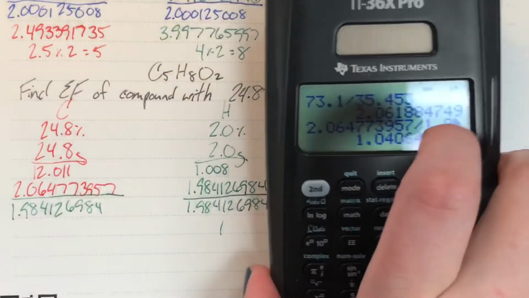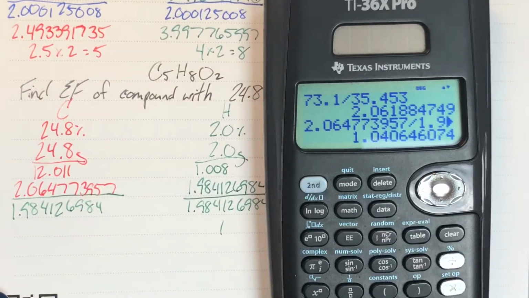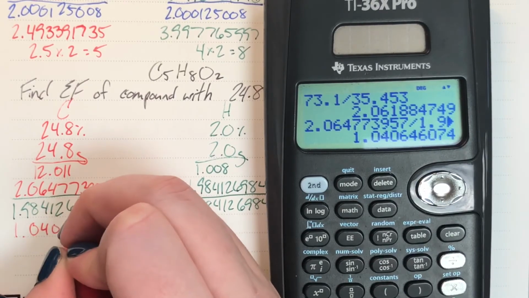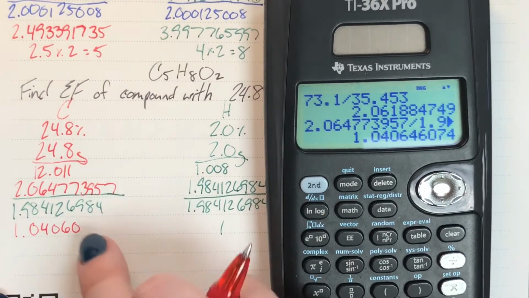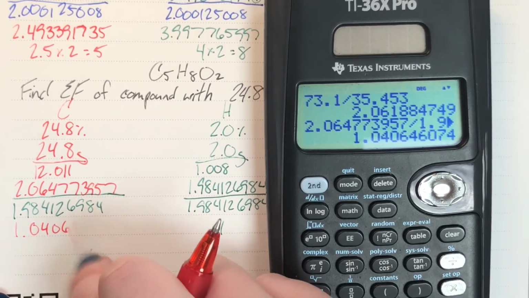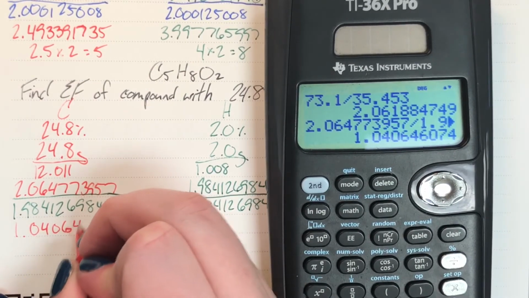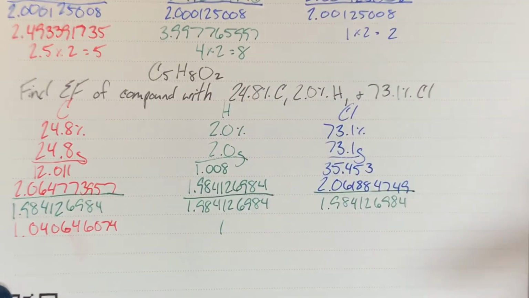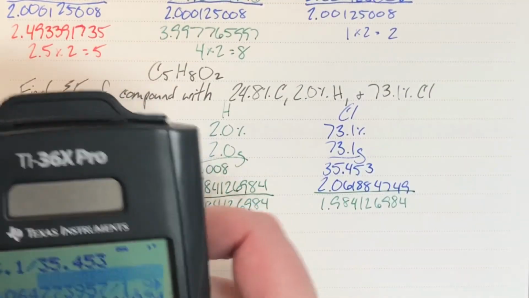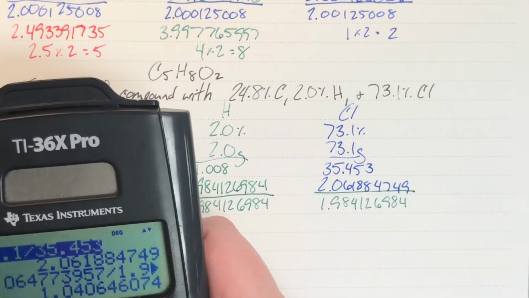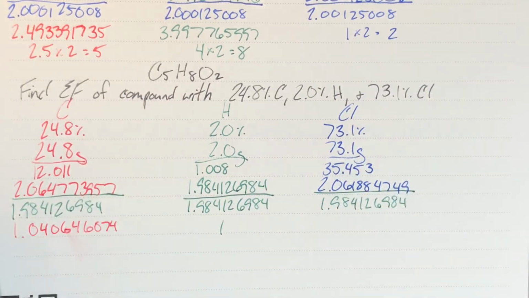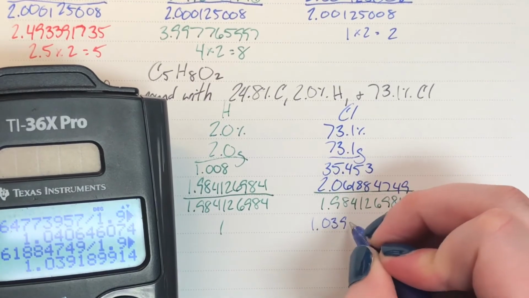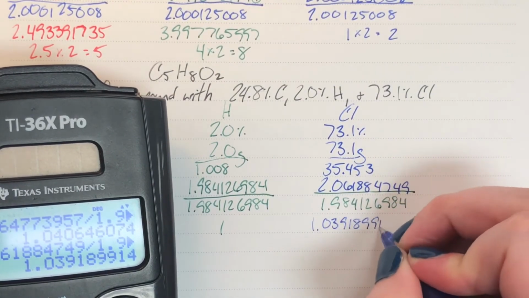That will give me 1.040646074, and 1.039189914.